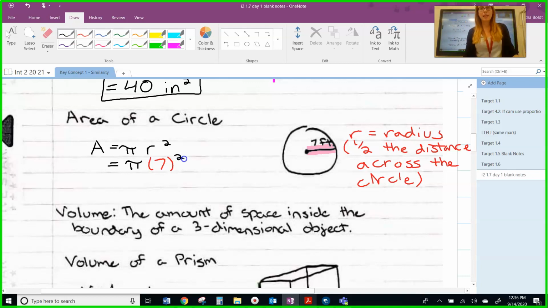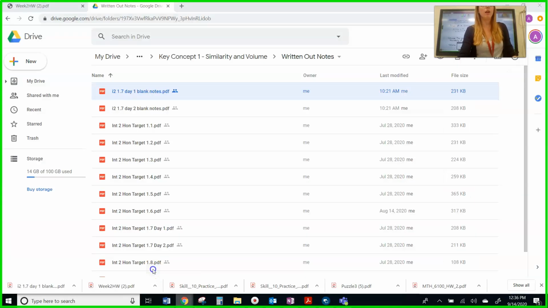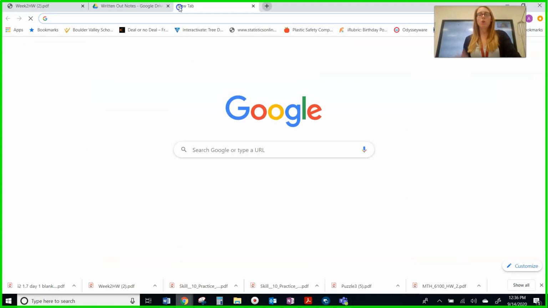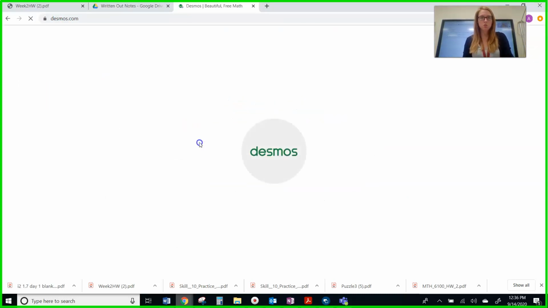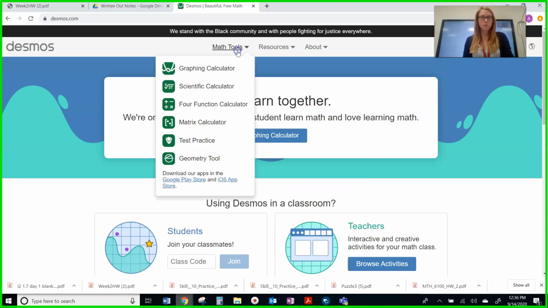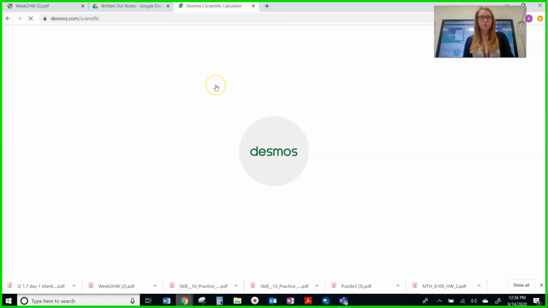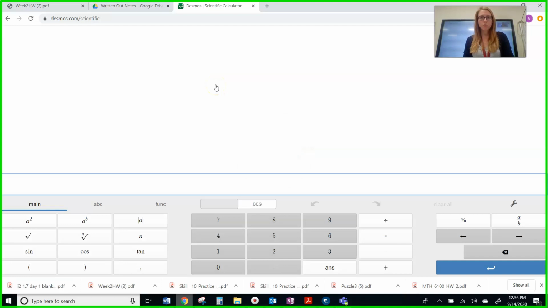Now, when we do the calculations for this, we do not type pi in our calculator unless I specifically ask you to, which will be very rare. So if I go to Desmos, all I'm typing in my calculator is 7 squared.